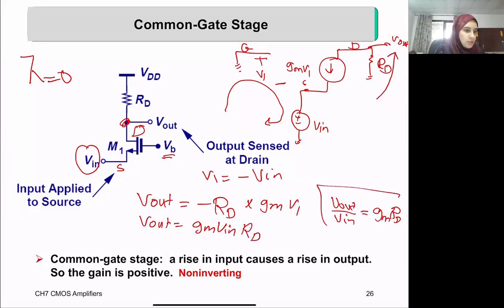This is our voltage gain. You can see that the gain is equal in value to the common source amplifier, but that one was inverting with a negative sign. This is non-inverting, it gives us a positive gain. This is the only difference. Any question?